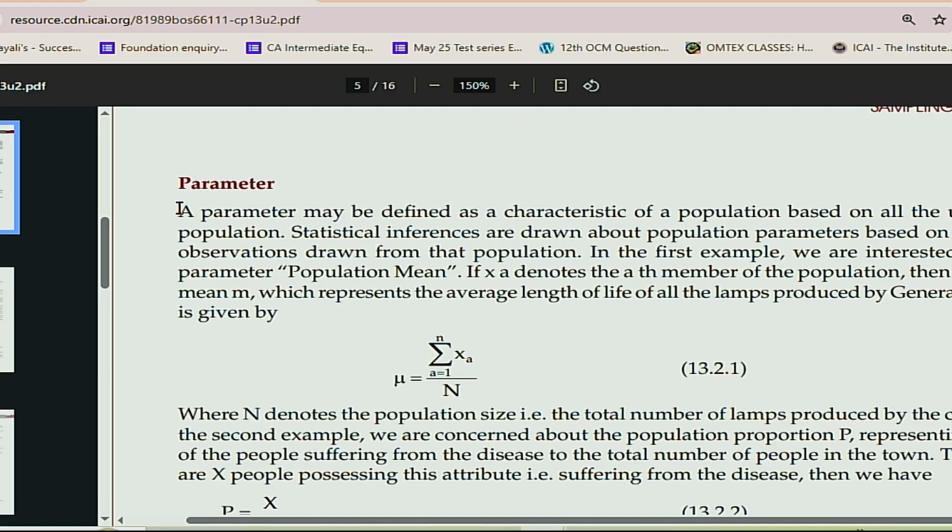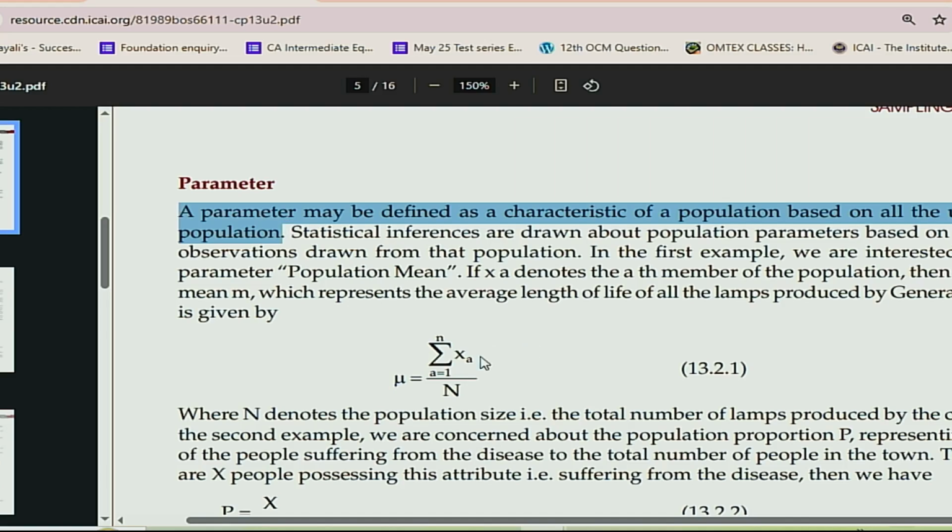A parameter is defined as a characteristic of a population based on all units of the population. Just write down, a parameter is defined as a characteristic of population based on all units of population. This is nothing but mu. This symbol is called mu.